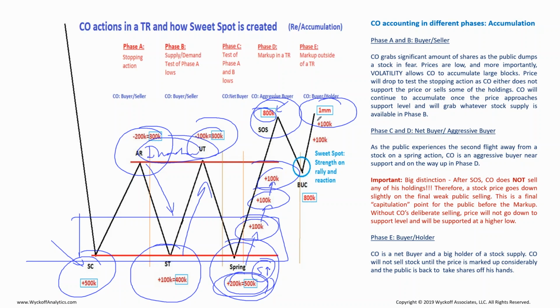So with the absorption of supply and of sellers having happened, what kind of reaction are we going to have here? Probably not of the same quality as we had prior in the trading range. We're talking about a smaller reaction that's probably going to come into the area of the support which acted before as the resistance.